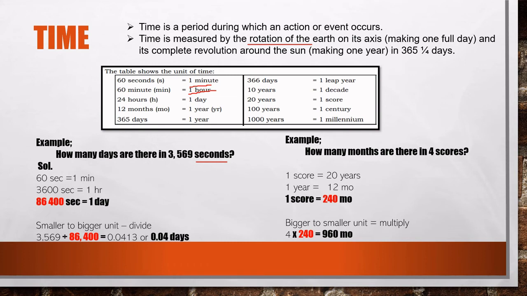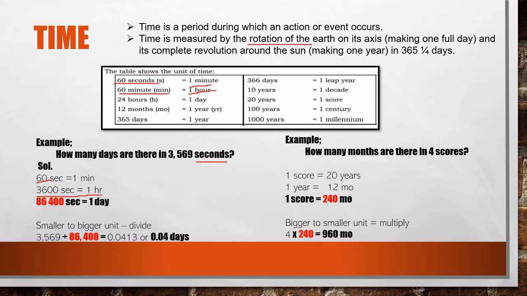Okay. In 1 minute, there are 60 seconds. In 1 hour, there are 60 minutes. So, i-multiply mo yung 60 times 60 will give you 3,600 seconds. That is equivalent to 1 hour.